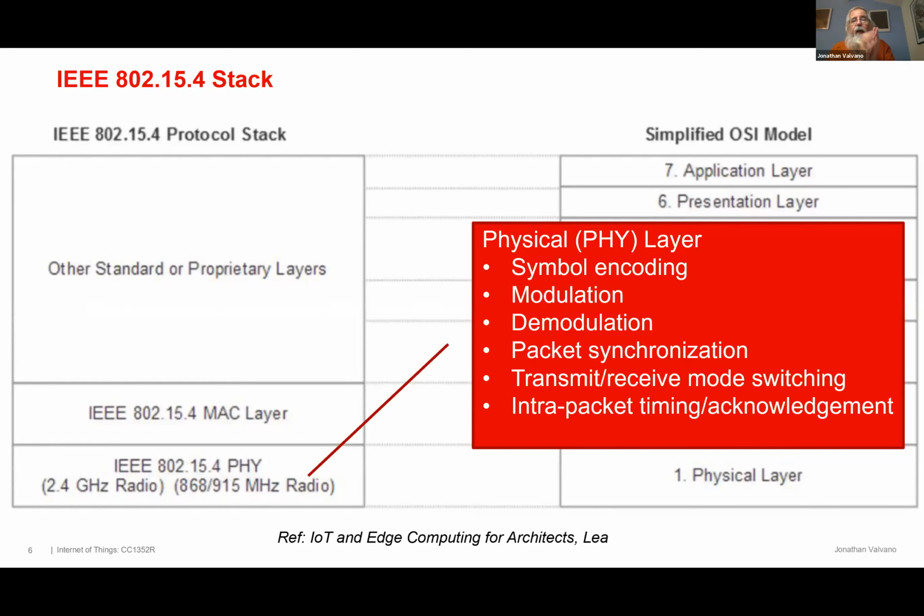And then obviously it's demodulated on the other side. There is some synchronization that goes on here. And since there's a single antenna used for transmitting and receiving, the device typically switches modes between transmission and receiving.